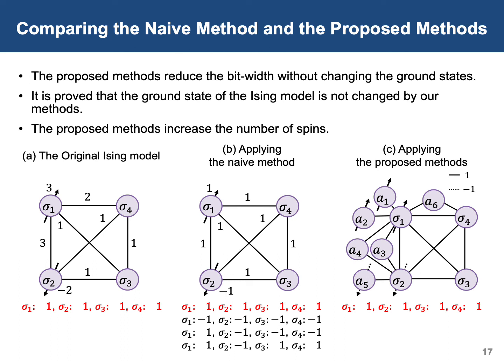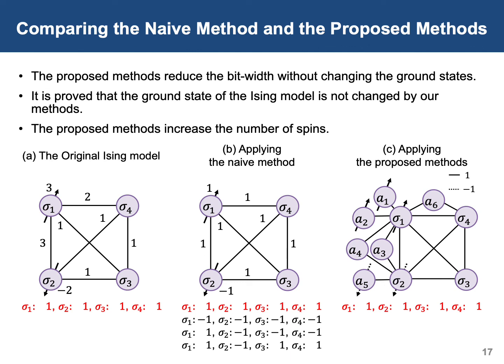The figure on the left shows the original Ising model and its ground state. The middle figure shows the Ising model and its ground state where the bit width is reduced by 1 bit using the naive method. You can see that the ground states are increased and some of them do not match the original ground state.